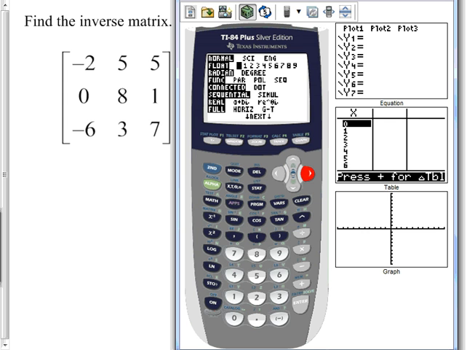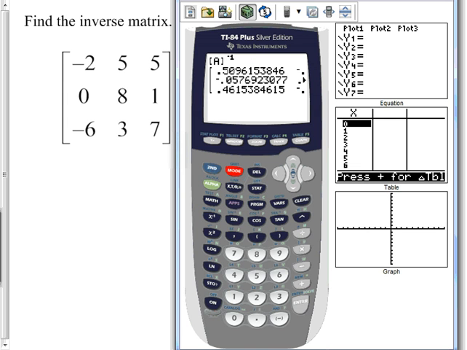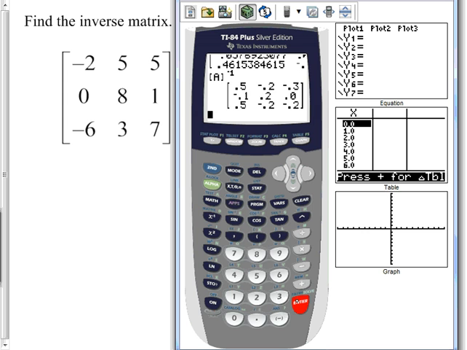If I want to go to, let's say, 1 decimal place, I'm going to go float 1. And then I'm going to quit out of this, and do the same problem over again. Matrix A to the -1, and boom, look at that. It rounded them all to 1 decimal place.